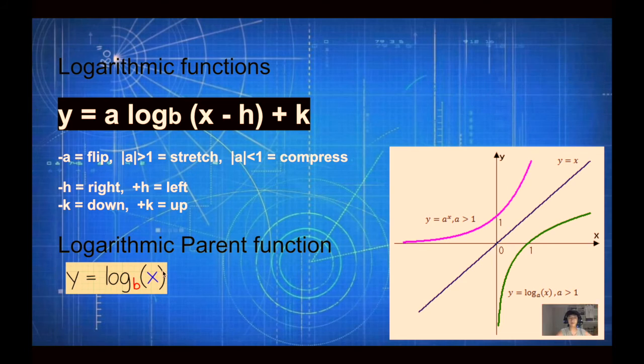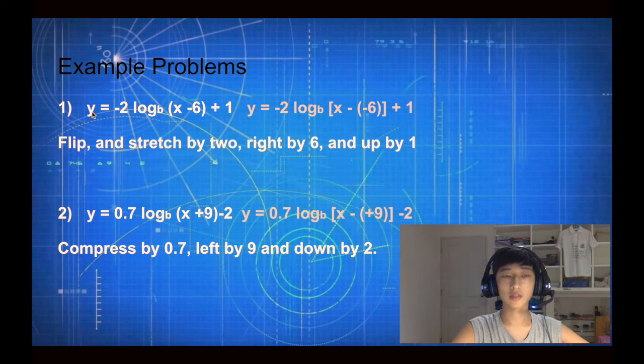We talked about it. And examples: y equals negative 2 log b of (x minus 6) plus 1. So since it's negative, you flip. Bigger than 1, you stretch by 2, and then positive, right by 6, plus 1, up by 1.